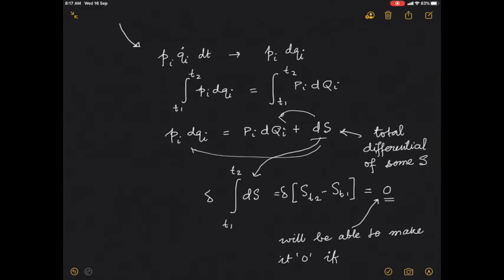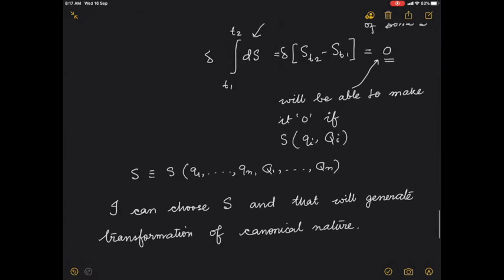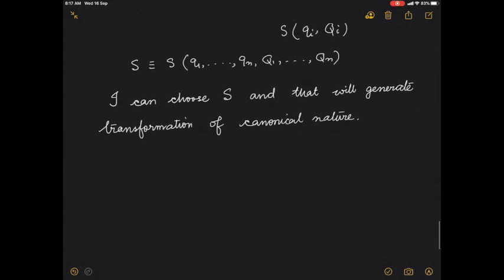Why do I say canonical nature? Because that will preserve the canonical equations, keep the canonical equations invariant. Because of this, S is called the generating function.